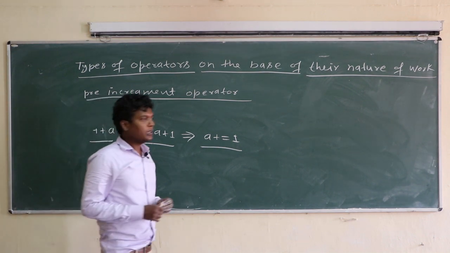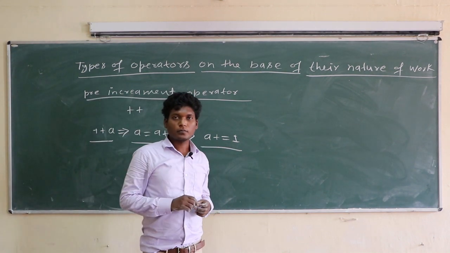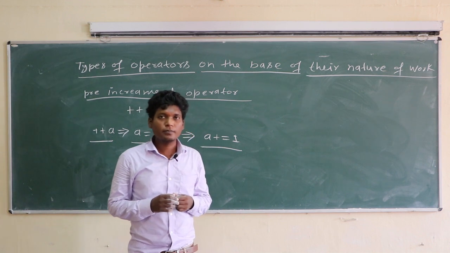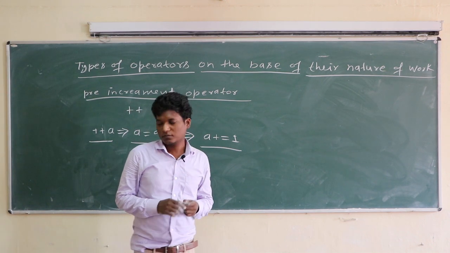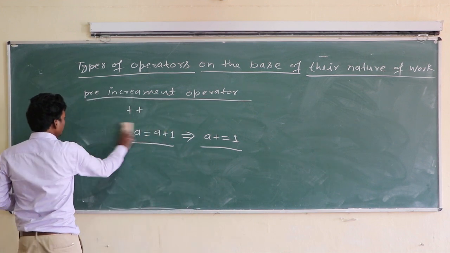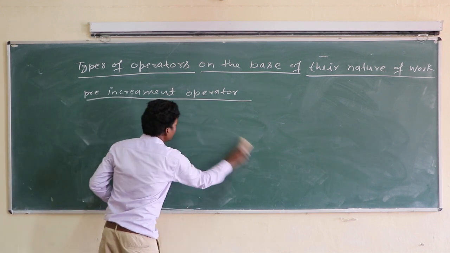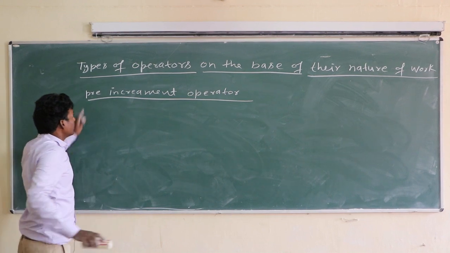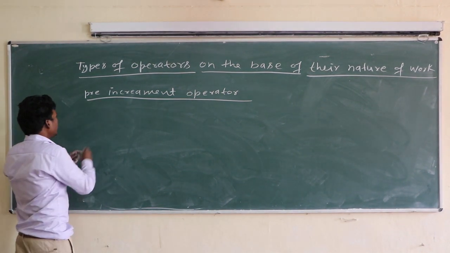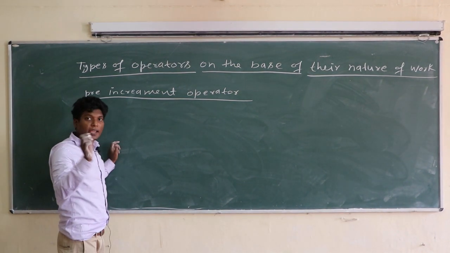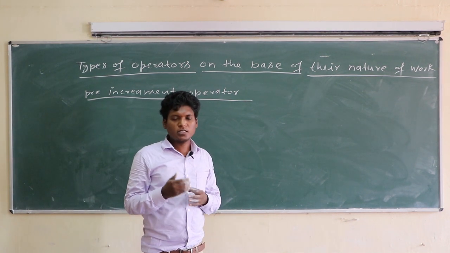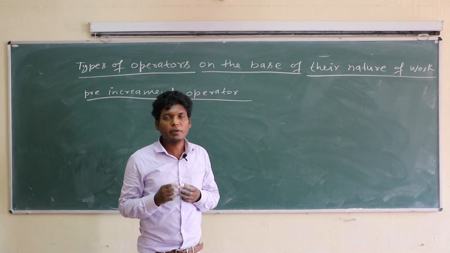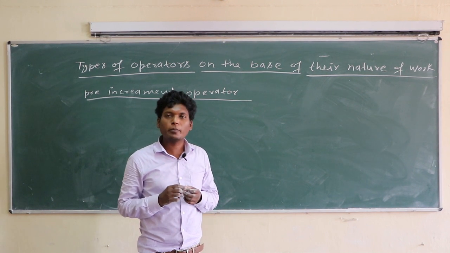In pre-increment operation, the value is incremented before the statement ends. The statement end is shown by the semicolon. How is a statement terminated?